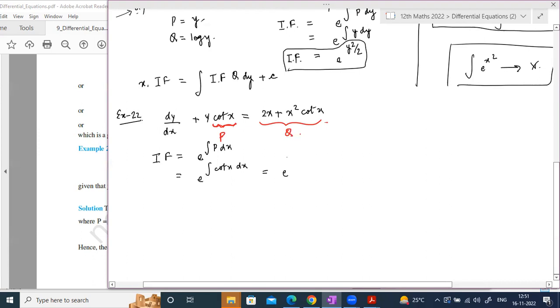Log sin x. And e to the power log sin x, isn't it simply sin x? Because log and exponential functions are inverse of each other. They get cancelled. So the integrating factor is very simple, just sin x.